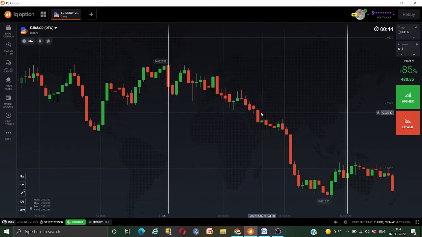There are 16 green candles and 28 red candles. See the probability. Even if you place a put option on every candle here, you will be in profit. I'm not saying that you should take only put options in a downtrend.